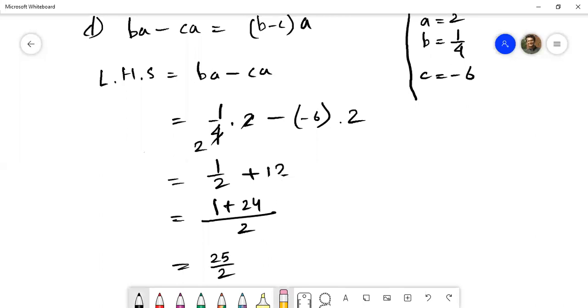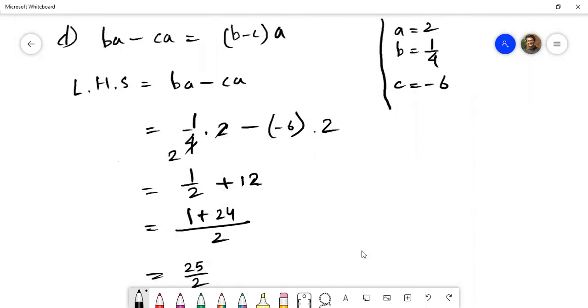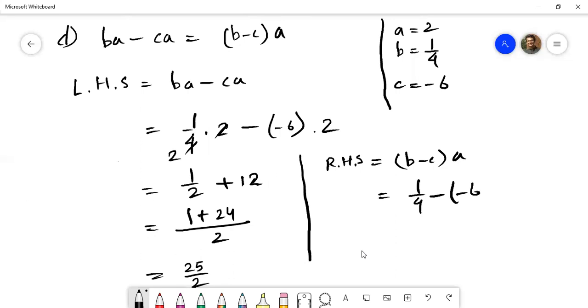Did you understand here? I think it was Saltinia, right? You said that? Yes. Okay, I got that. And the right-hand side, we'll have to do it from here so that all of you can get that first screen. Right-hand side says B minus C multiplied with A. B minus C here, 1 by 4, putting the value of C is -6.